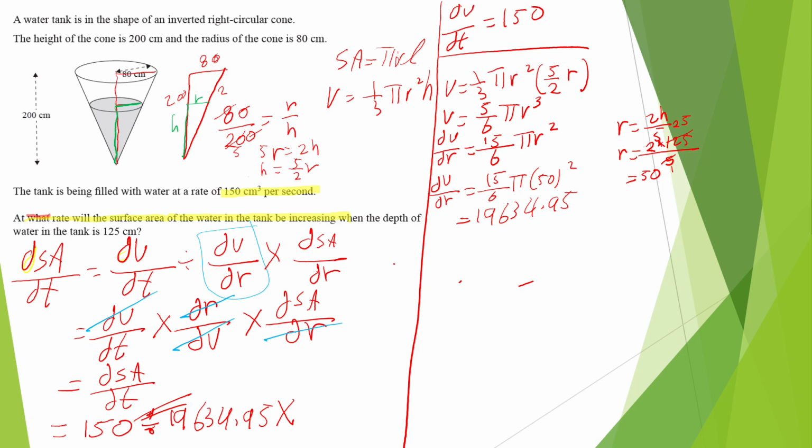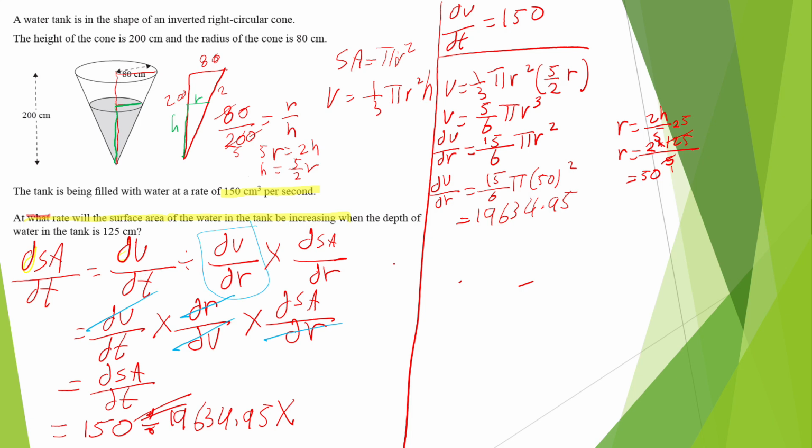Okay, the surface area of the water, I'll just read this, the surface area of the water. So the surface area of the water is actually just the area of a circle, it's not the whole cone. So they just want the surface area of the top of the water. So this one here, I can change it to pi r squared, which is easier.